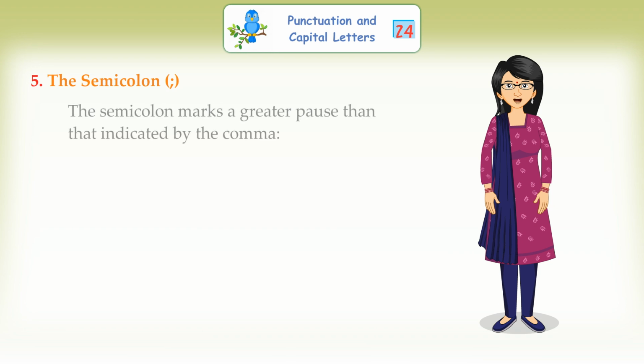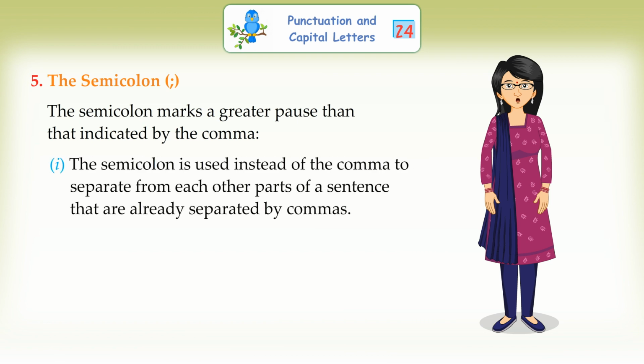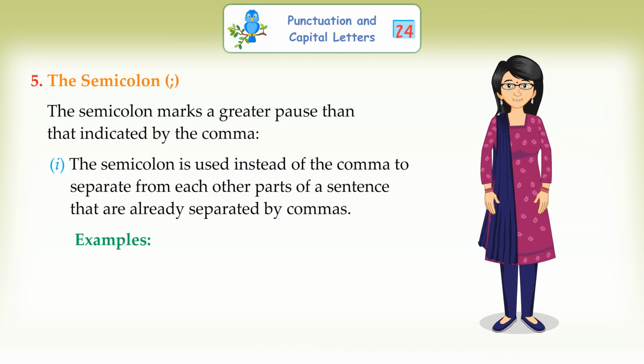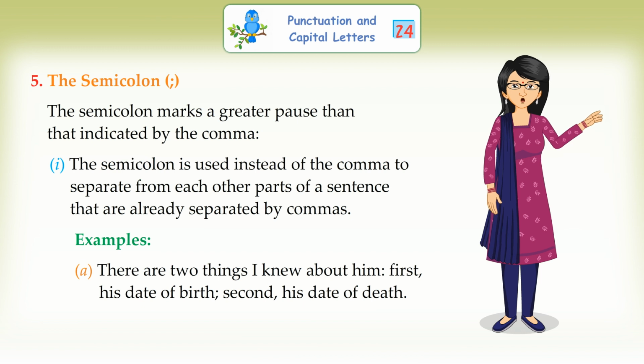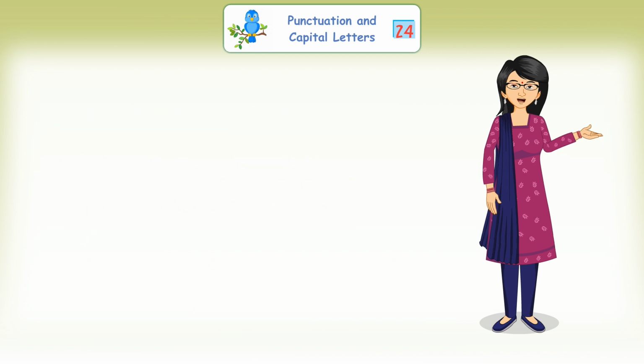The semicolon. The semicolon marks a greater pause than that indicated by the comma. The semicolon is used instead of the comma to separate from each other parts of a sentence that are already separated by commas. Example: There are two things I know about him: first, his date of birth; second, his date of death.